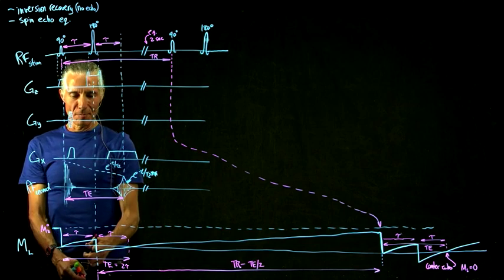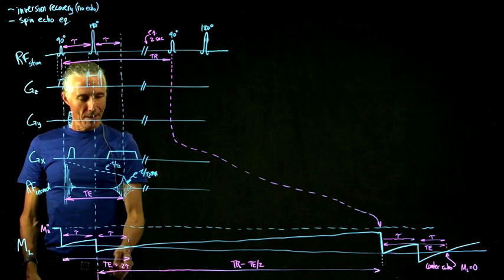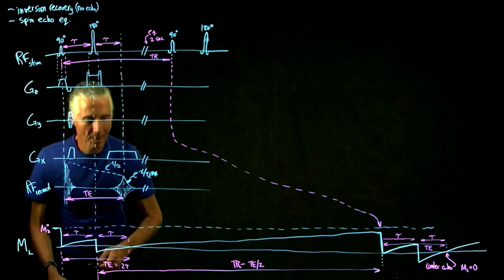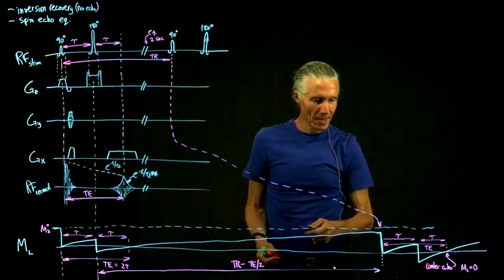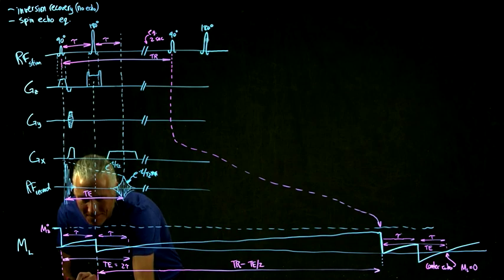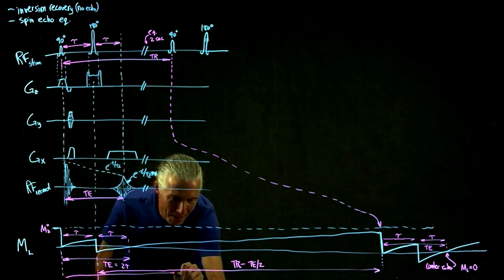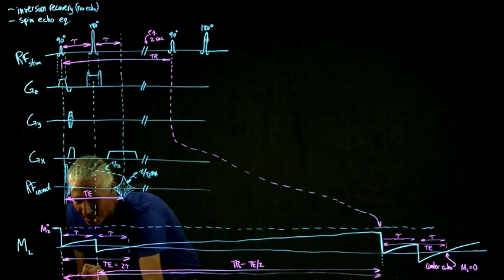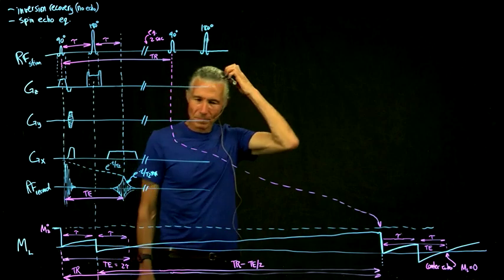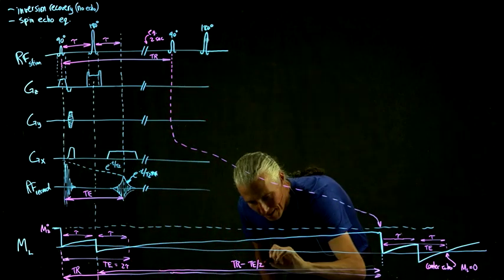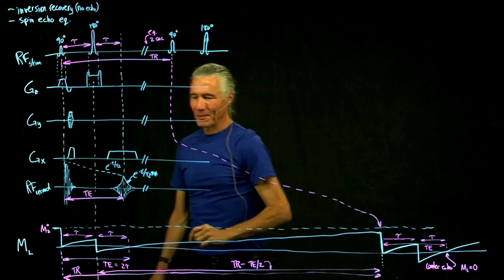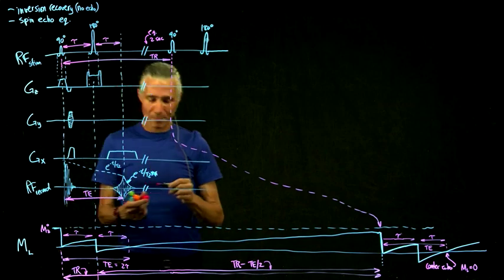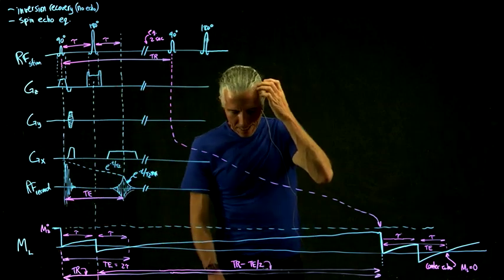So we're starting from this point over here, whereas TR goes all the way back to here. So let me just put that in. So this guy all the way here is TR. This guy is TR minus tau. Okay. Still on the board, just barely. Perfect.